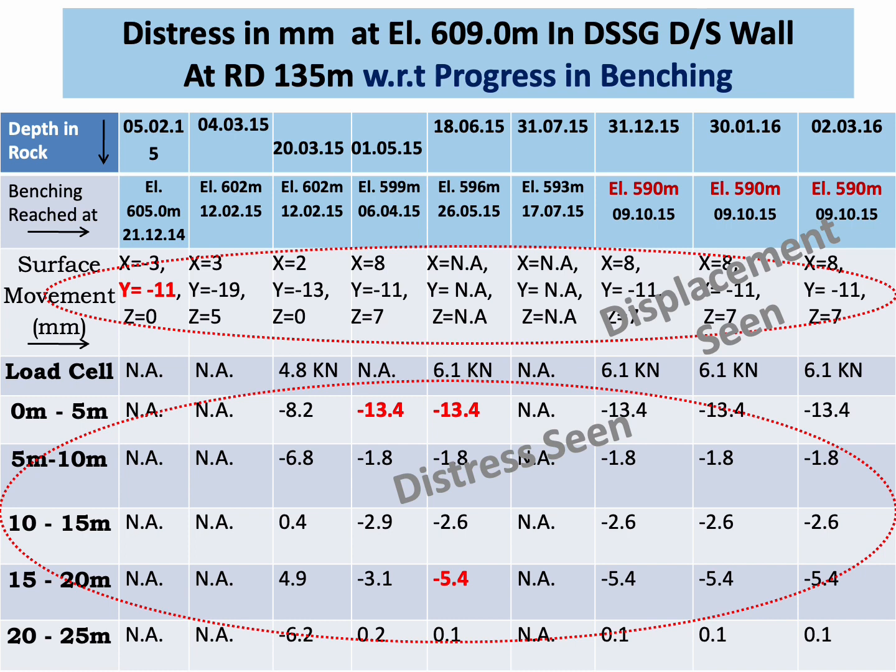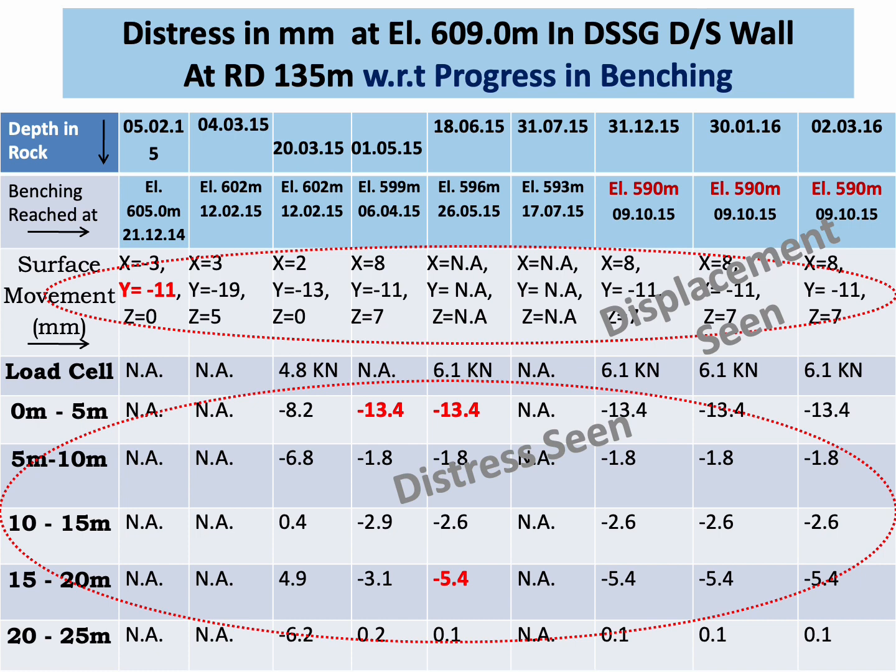And distress at 609 meter elevation at RD 135, when benching had proceeded further to 605, then the surface targets were seeing displacements of the order of x8, y-11, z7, and there is some distress also seen.